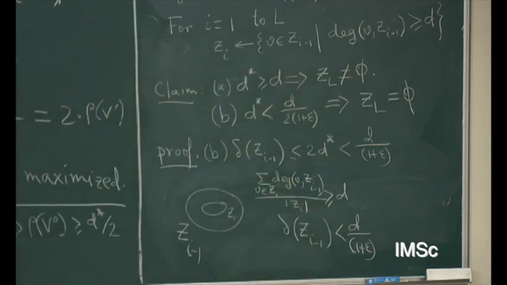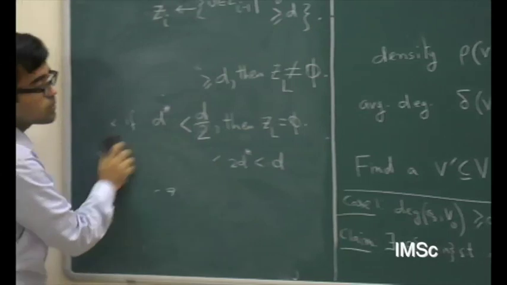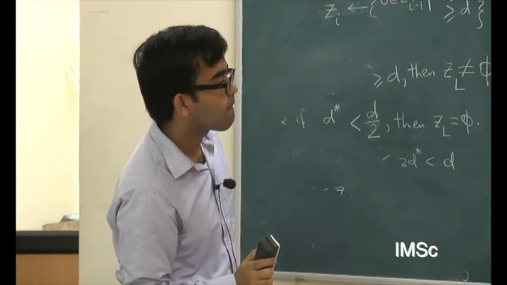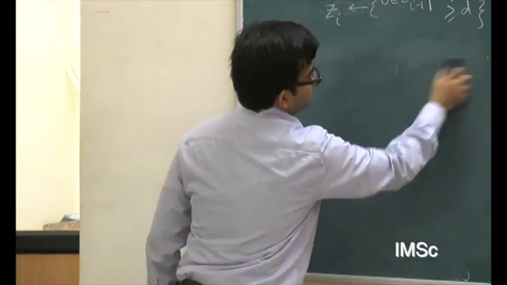This is large. Oh, yes. Okay. What is Zi by definition? All the nodes in Zi have degree greater than d, yes, with respect to Zi minus 1.